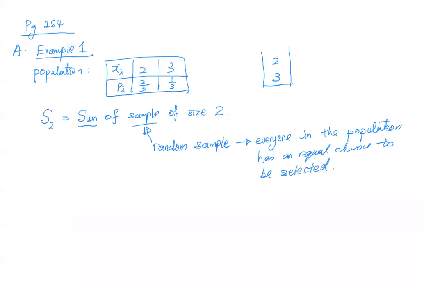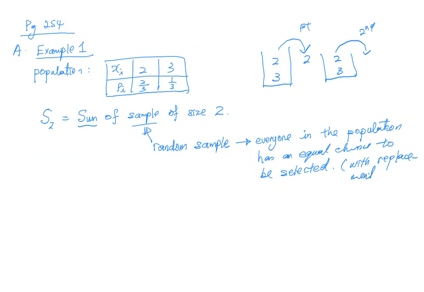So that means you draw one. Like for example, I draw out 2. I must put back 2 again, then do the second draw. That means it must be with replacement. Are you clear?